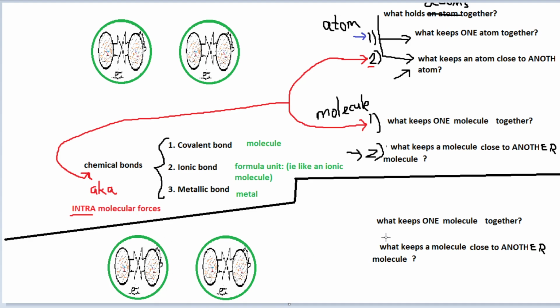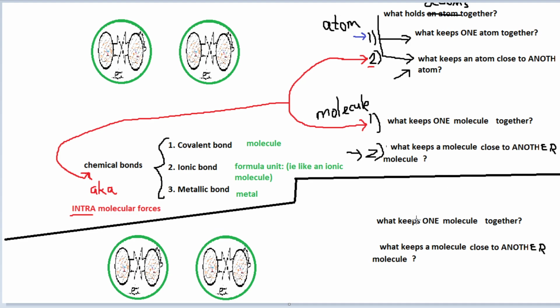Molecules. By the way, we're not going to talk about formula units or metals, because that's not part of what this entire story is. The picture that you might need to have for a formula unit or metal is not as complicated or as interesting as the picture you need to have between 2 molecules. I will mention it, but it's not a big deal.